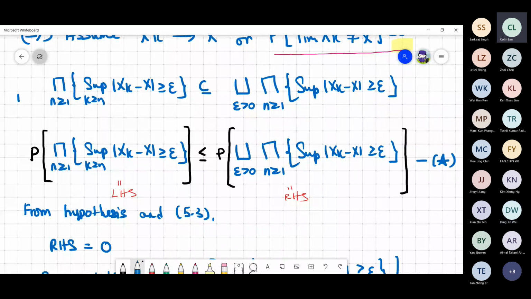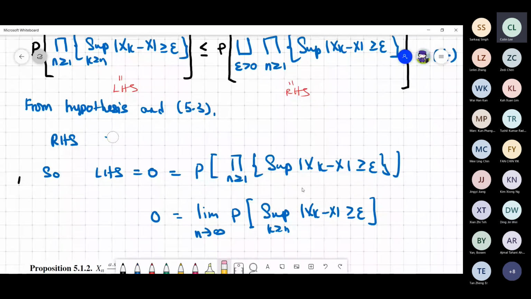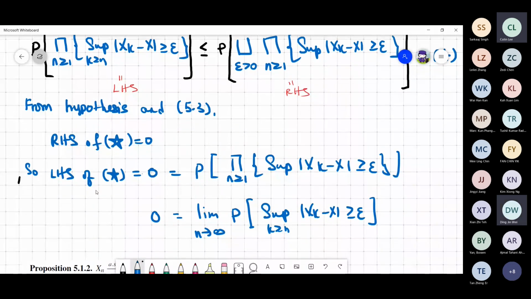This is a star, so I should put a label for it. My bad. I should have said the right hand side of the star is equal to 0. If the right hand side of the star is equal to 0, the left hand side of the star must also be equal to 0, which is just this one. So I got this as equal to 0. Okay, thank you.